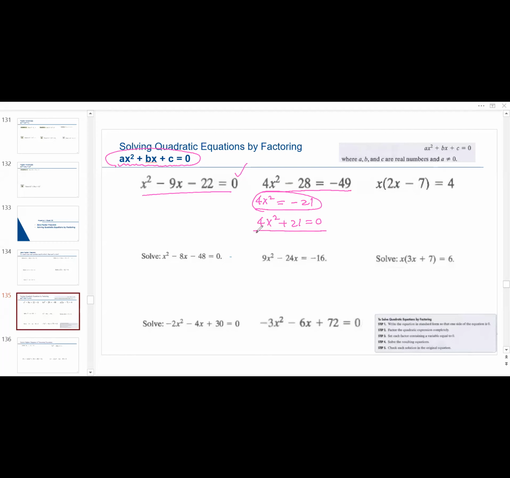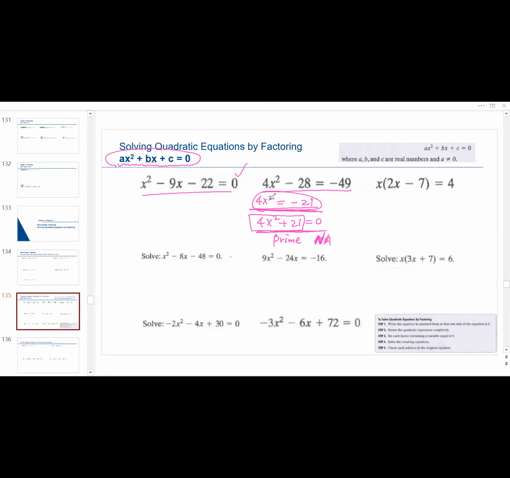Okay, can this one be factored? This is prime, right? You cannot factor this one. So this is prime, so there's no solution here. And from here, we can also see that x squared is always greater than or equal to 0.